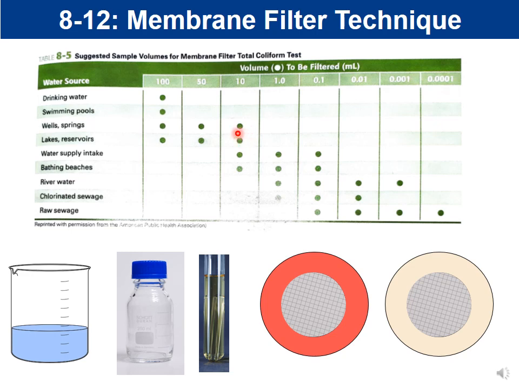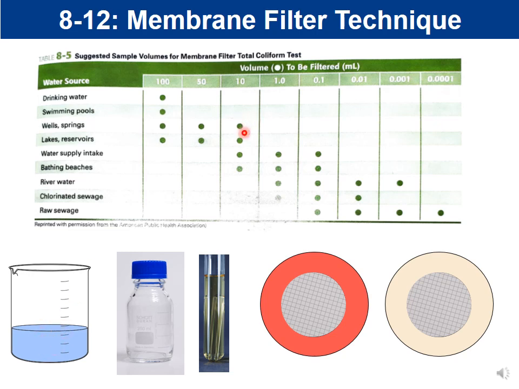So we would use 10 milliliters. Now, 10 milliliters alone is not enough volume to pass through the collection cup. So what you would actually do is, let's say this is my water sample from a lake. You would use a serological pipette to draw up some of the water.